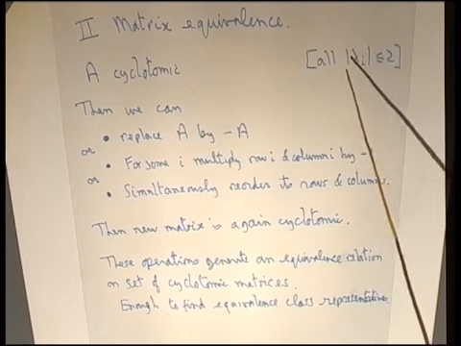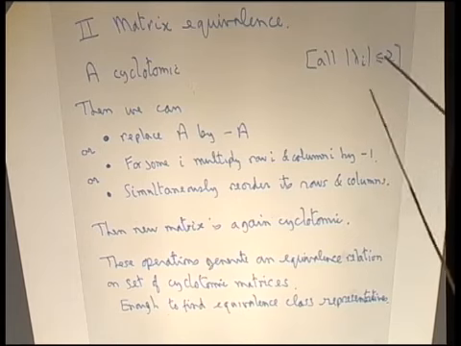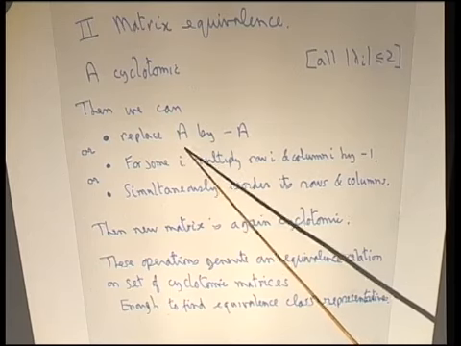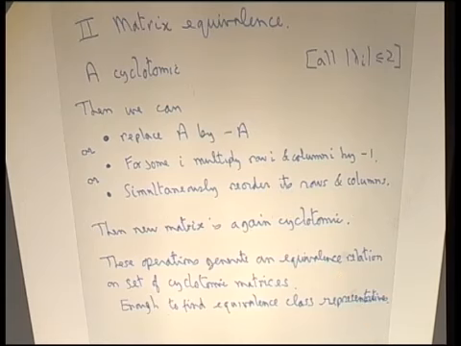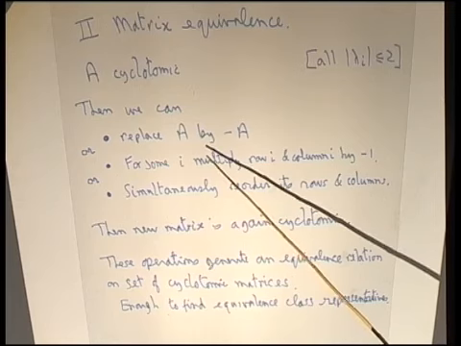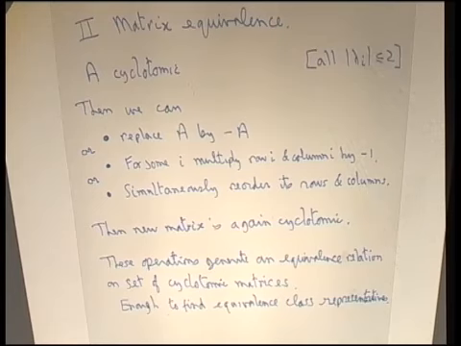If all the eigenvalues are between -2 and 2, then we can replace A by -A, or we can multiply both the ith row and the ith column by -1, and we can also reorder the rows and columns, and still the matrix has eigenvalues in this range. Okay, and that's the second simplification.